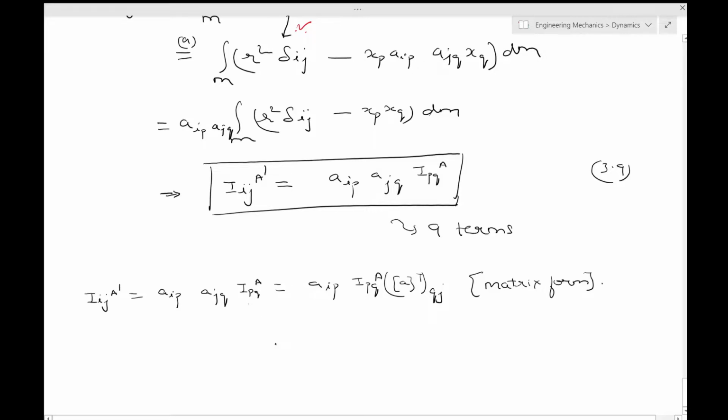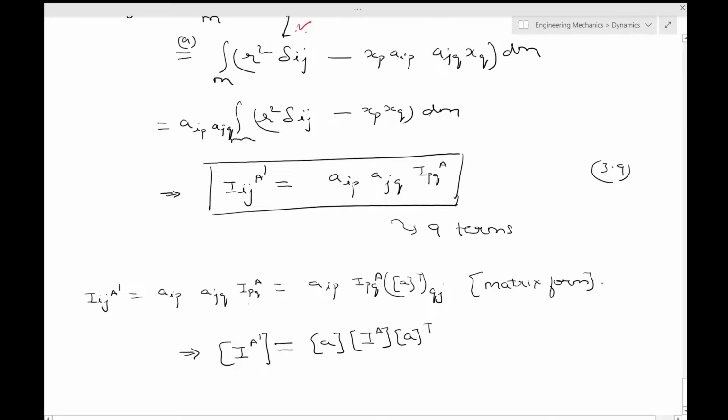This implies I dash is equal to, in the matrix form, A I A transpose.